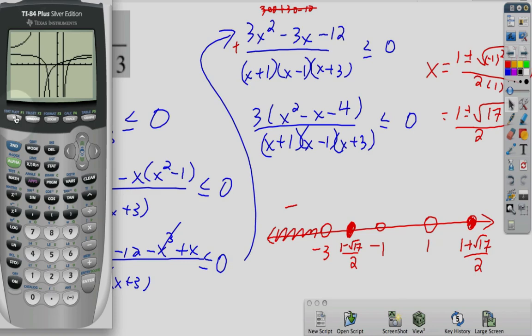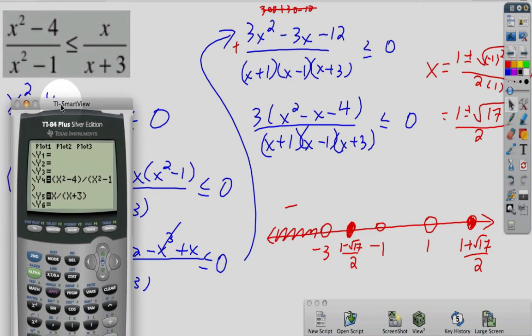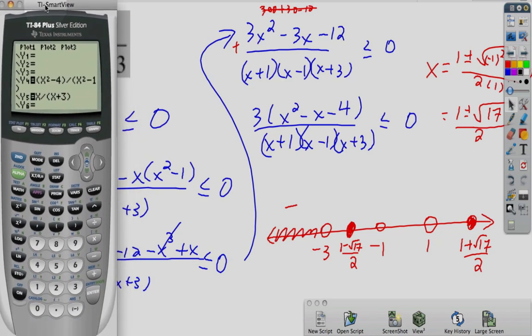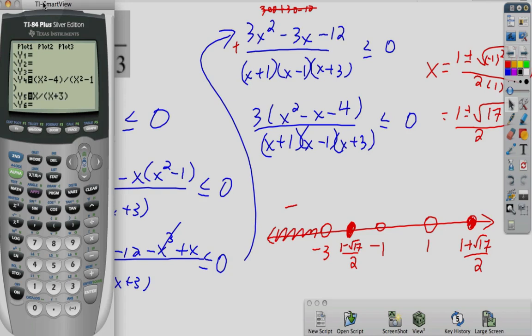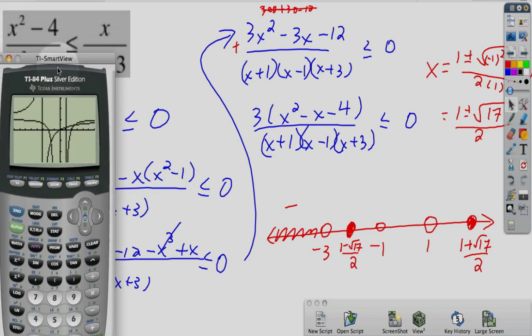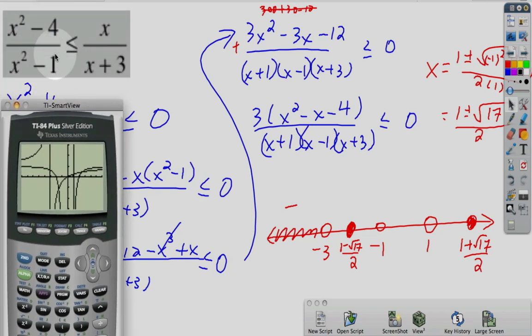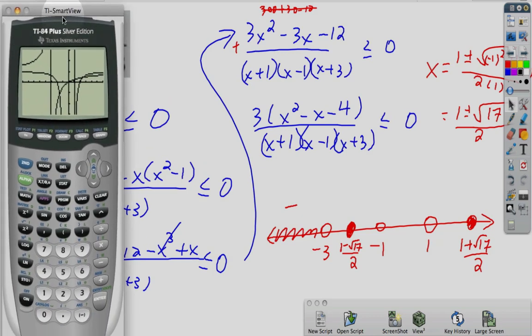If I'm looking at my graph, notice I have the left-hand side and the right-hand side always with my denominator and my numerator in brackets. Okay? That's given here. Now, I want to know where this is less than this. It's obvious over here that both graphs go on forever, and this one is always higher in value than this one.